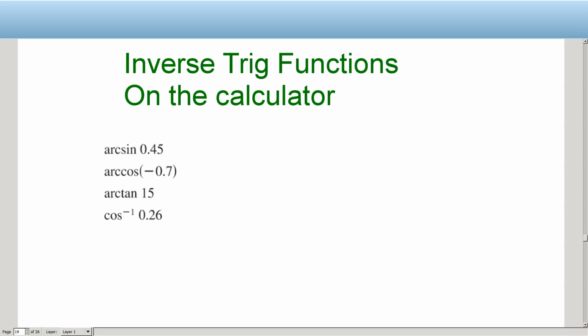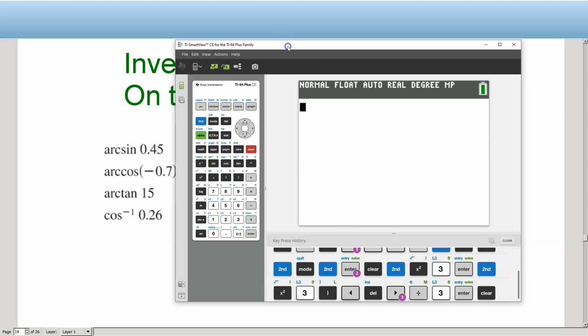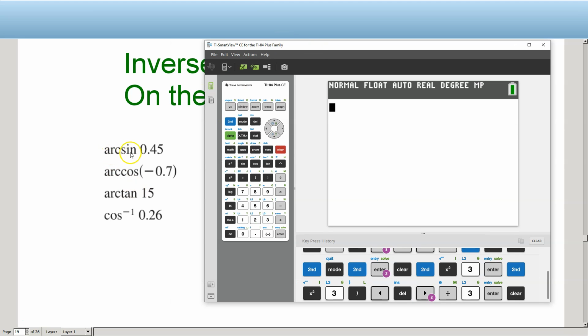So just do a few of these questions here. Make sure you know where these things are at on your calculator. If I have to calculate arc sine of 0.45, you won't see an arc sine button. Arc sine is the same exact thing as sine inverse.